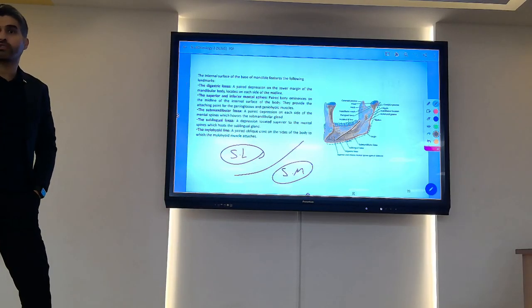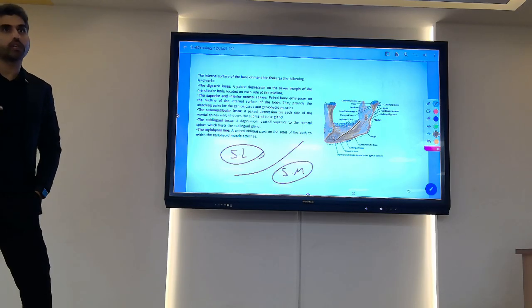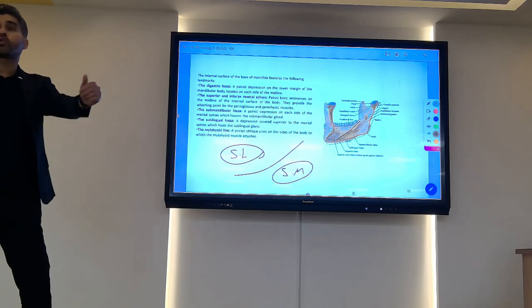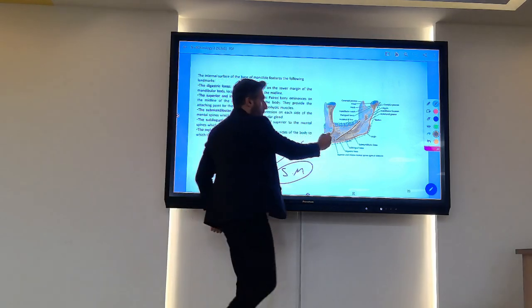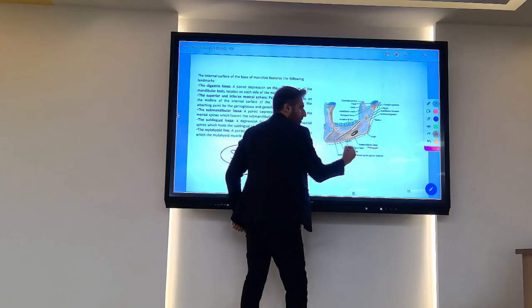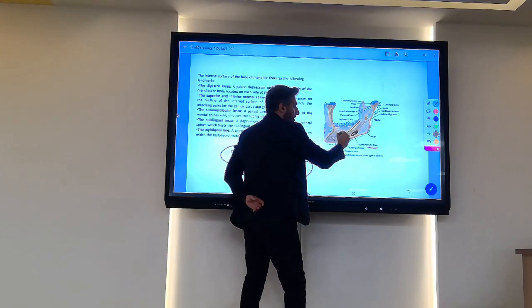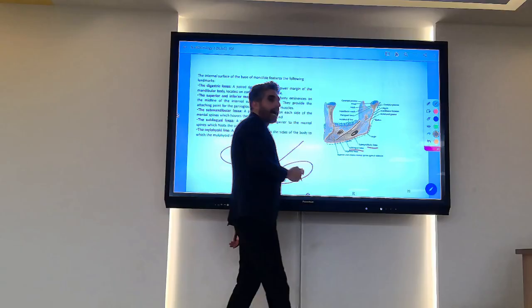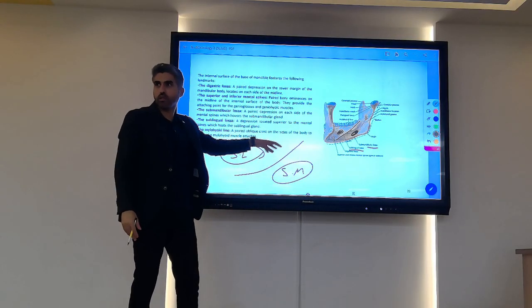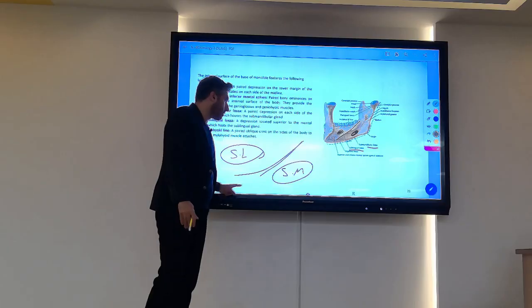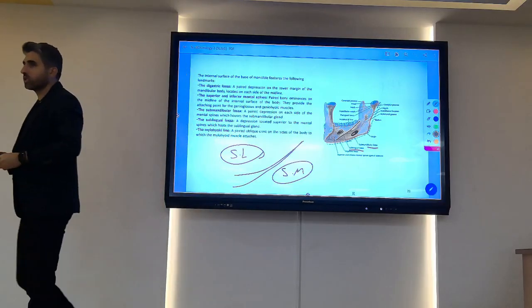They produce saliva. These are three salivary glands. So the submandibular gland is here in this fossa. The sublingual gland is here in this fossa. And these two fossae, for these two salivary glands, are separated by this line, the mylohyoid line.